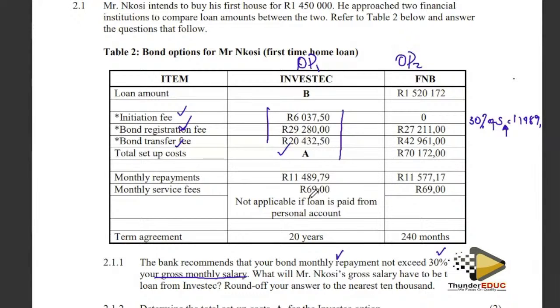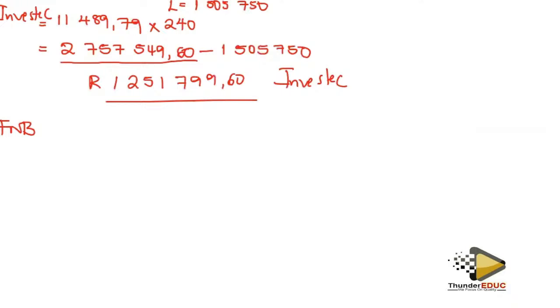And this one, no matter what, you also have to pay the monthly service fee. So we need to know how much the person will save. So FNB, we've seen it as 11,577.17 plus the 69, which is the service fee, everything multiplied by 240.